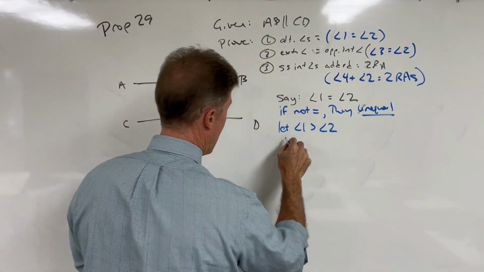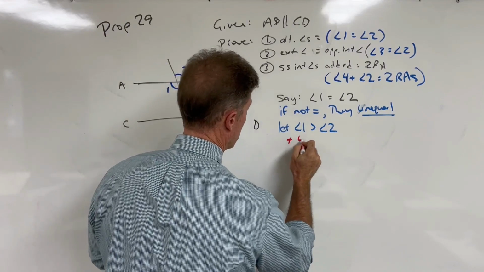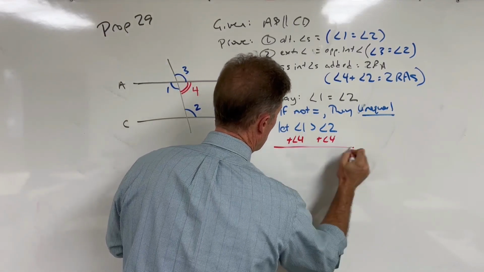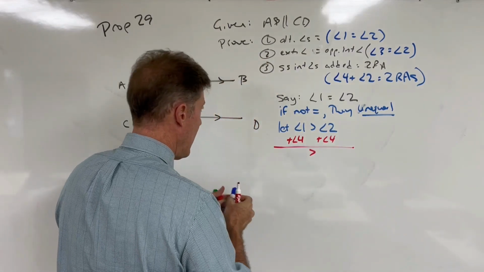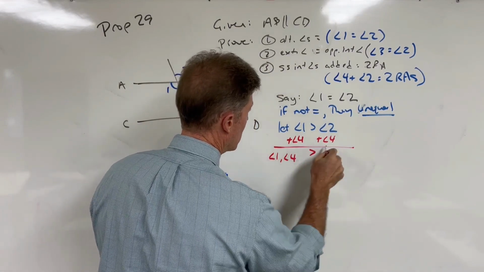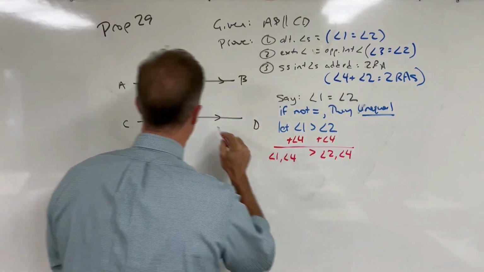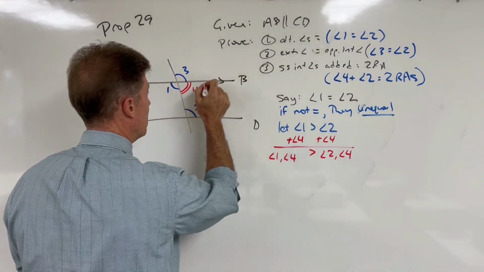Well, let's add then this common angle, angle 4, to both sides. That preserves our inequality, and we get the combination of angle 1 and angle 4 is greater than the combination of angle 2 and angle 4. But when we look at angle 1 and angle 4, we see that it's a straight angle.